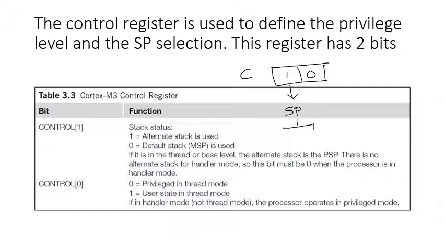If it is 0, MSP, the main stack pointer, is used. If it is 1, PSP is used. Bit number 0 of the CONTROL register is used to select the mode of operation, privileged or user. If it is 0, it will be in privileged level. If bit 0 of the CONTROL register is 1, it will be in user mode only.